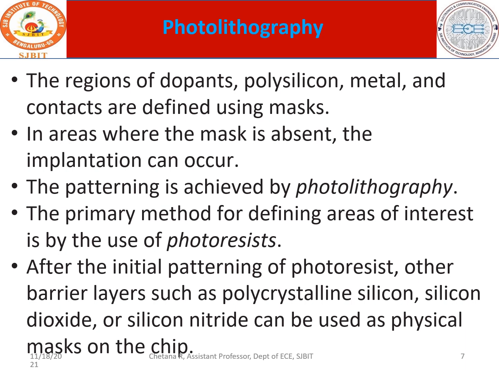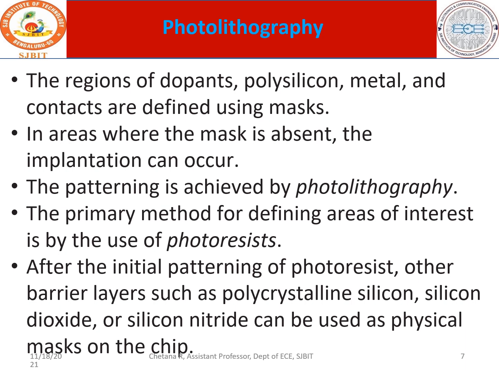Using masks, different dopings, polysilicon, metal and contacts are defined. In areas where the mask is absent, the implantation can occur. The region which is masked will not be permitted to have implantation, diffusion or polysilicon deposition. Only the unmasked, open area will have these things happen. This patterning is achieved by photolithography.